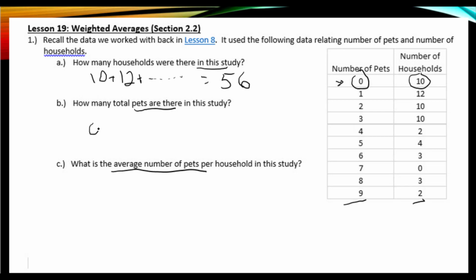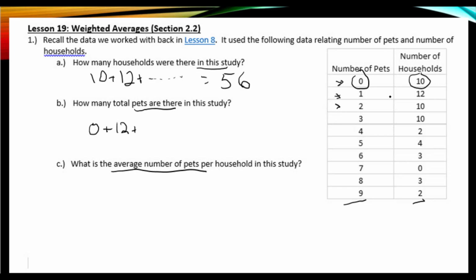I'm going to add up the total amount of pets. I'm going to add to that 12 here. 12 households had 1 pet each, so that would be 12 more. That would be 12 pets. And then I'm going to add these pets here.